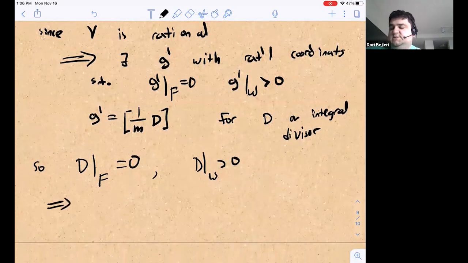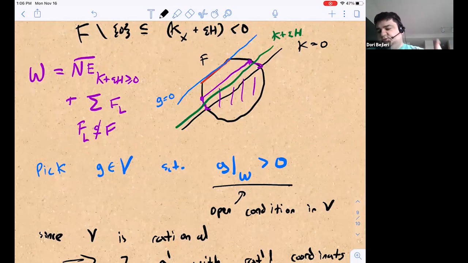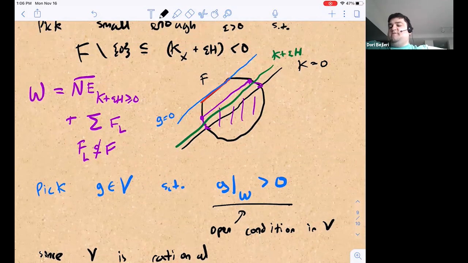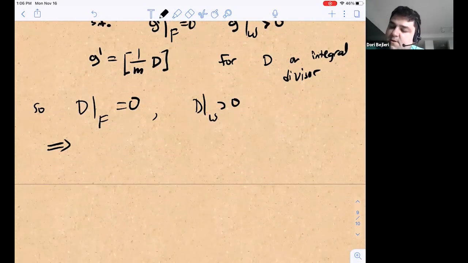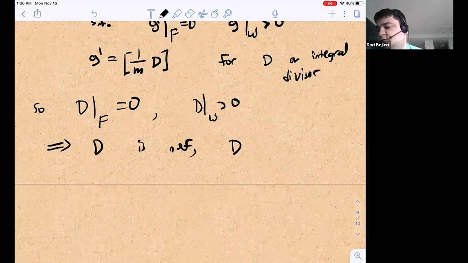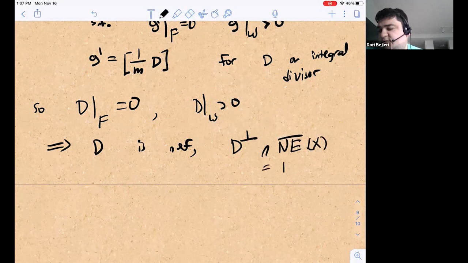And so because W and F together span the whole cone, just by definition, because we took W to be the span of everything except for F, so together they span everything, then D is Nef, and D equals 0 if and only if, or maybe I'll write it as D perp intersect NE bar is exactly our face F. Okay, so we found a D that cuts out any of our negative extremal faces.